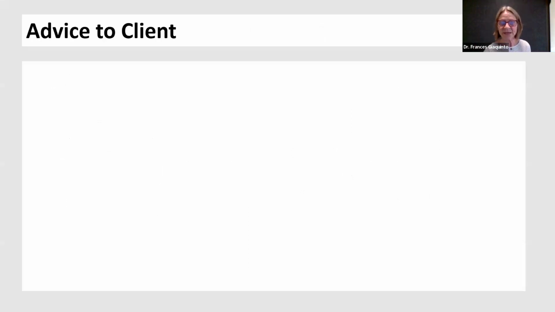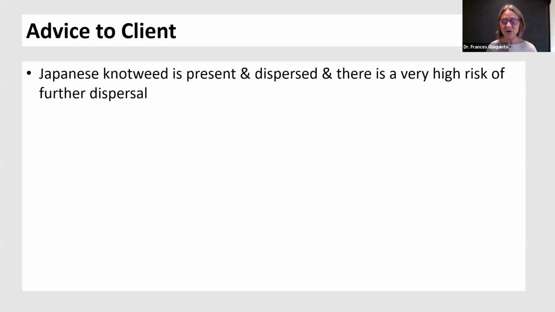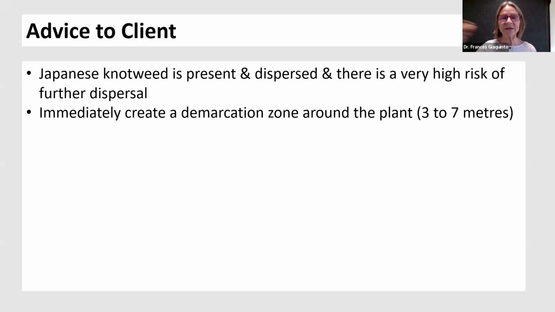Okay, what you're going to tell your client: Japanese knotweed is present, it's dispersed, very high risk of further dispersal. You need to create demarcation zones around those plants. Now, when it's so near to a structure, it's impossible to create a demarcation zone. But what you can do is make sure that nobody goes disturbing that plant further by trimming or mowing the vegetation.